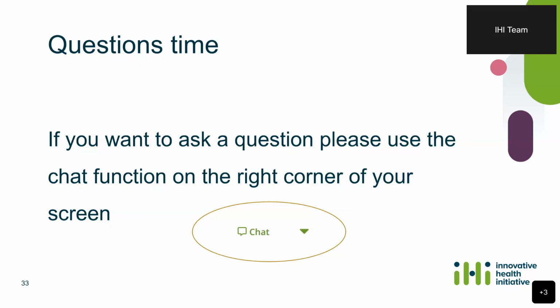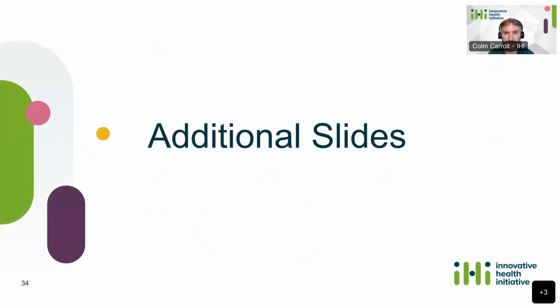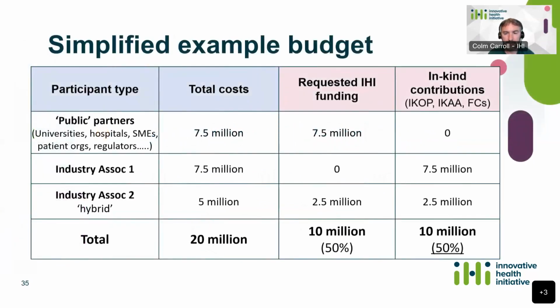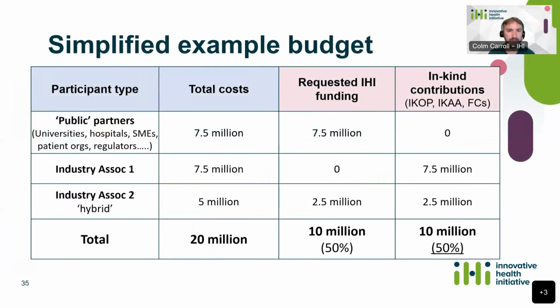Thank you. Maybe I can just add to that. Could you go to the additional slide I had on the simplified example budget, please? Yes. Some of the language we use can be confusing if you're not familiar with IHI. We often call the members of these industry associations our industry partners. We also recognize that SMEs are part of industry, so there are various models by which an SME could join a consortium.